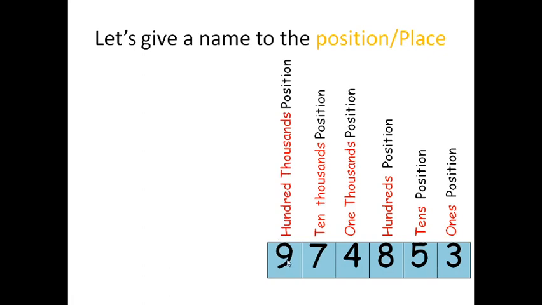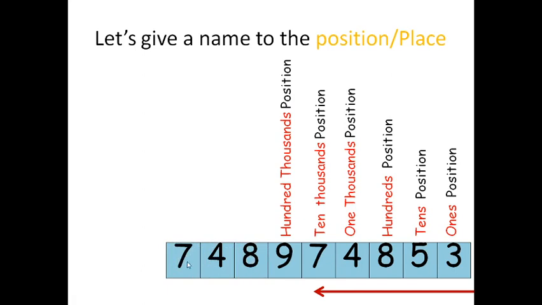Look at the digit 9. It is the hundred thousands position. So as I told you, we start from the rightmost digit of the number.